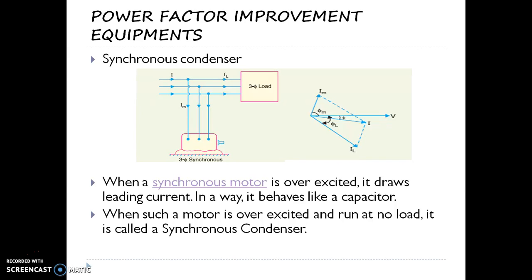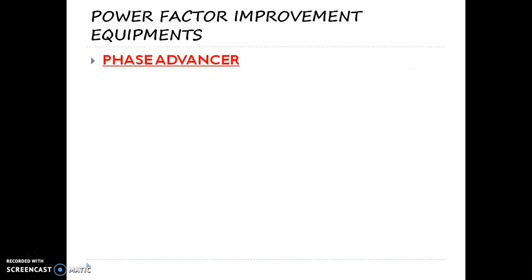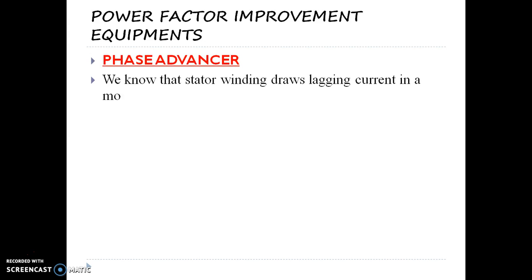Next method is phase advancer method. Phase advancer method is used only in the AC induction motor. We know that in an induction motor the stator winding draws a lagging current from the supply.